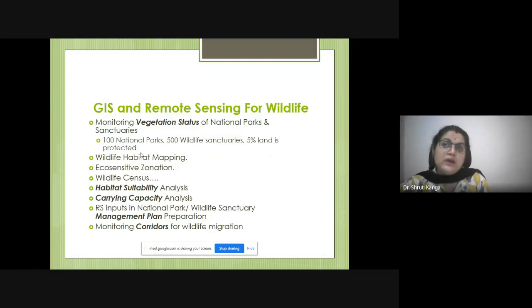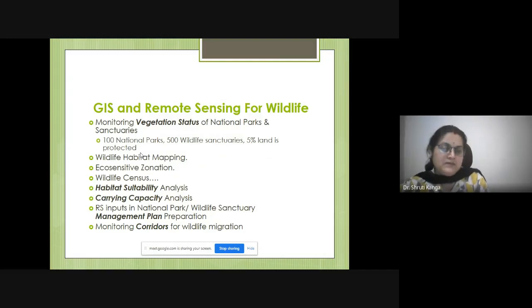So we need to take care of those wildlife, so that they can be protected, and we can also plan for habitat suitability mapping, in case we have to go for any kind of land use change as far as the forest is concerned.